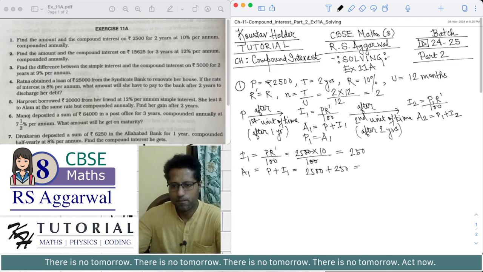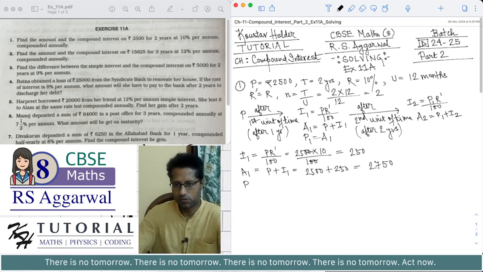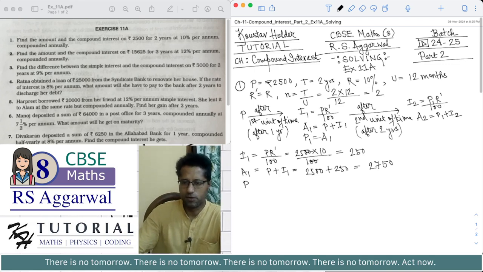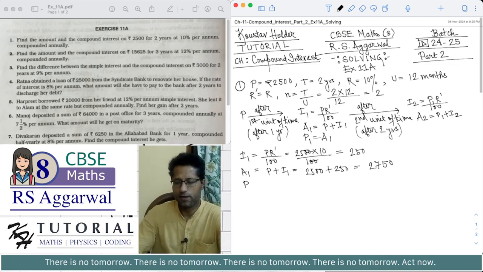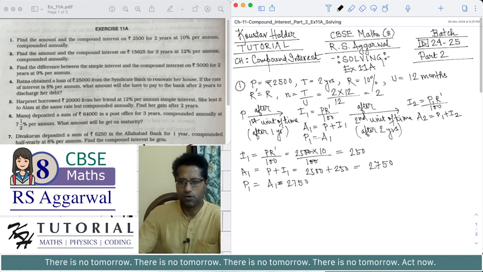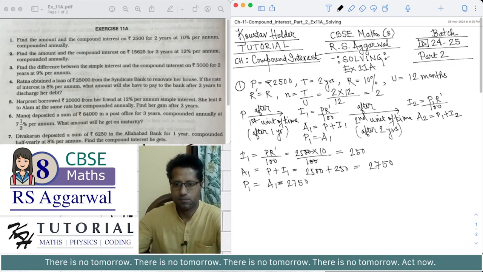This is equal to 2750. Okay. And the principal to be considered for calculating the interest at the end of the next unit of time is P1, which is equal to A1, which is equal to 2750.